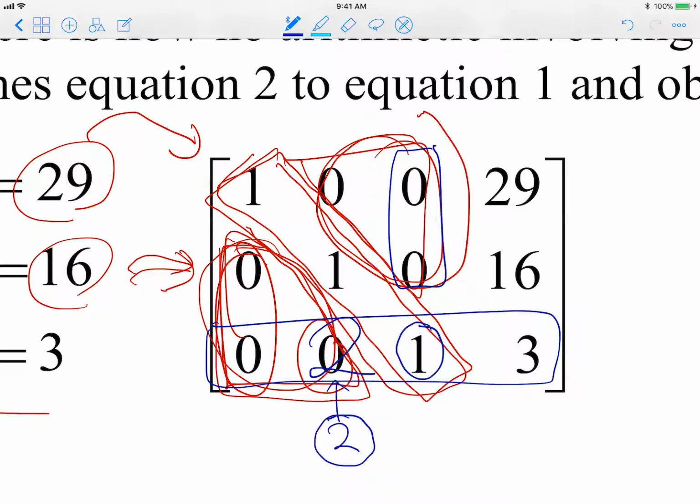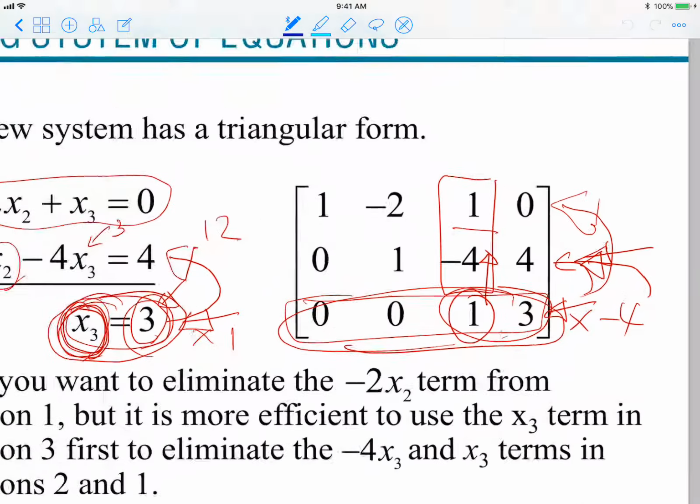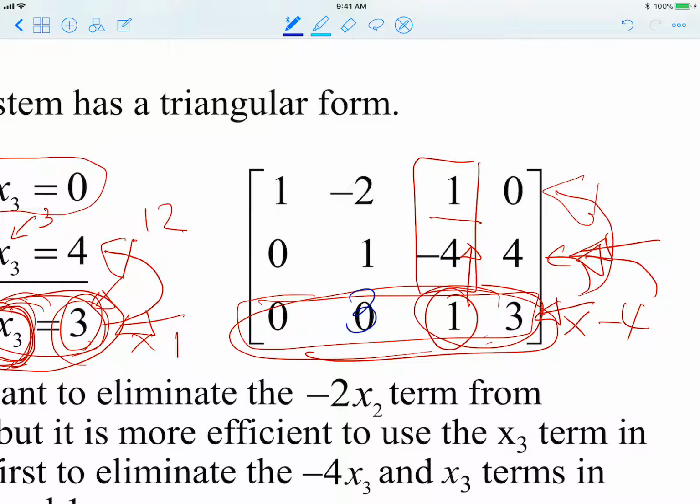And then suppose we try to remove these values by using this one. From this example, suppose we had a 3 here, and after multiplying by negative 4 and adding it to the second equation, this value will also be multiplied, giving negative 12, and added into these values, right?